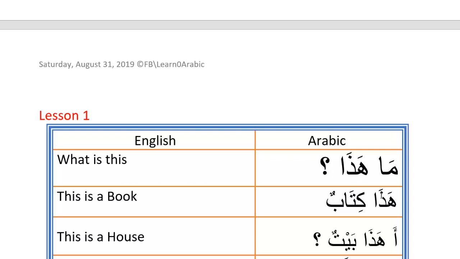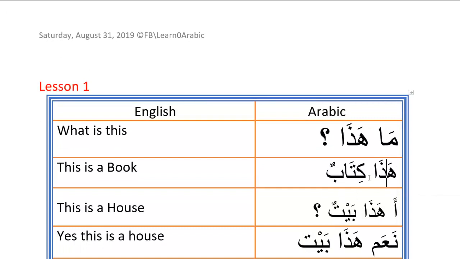Very simple. The next one is the answer for the first. We don't need an answer, but just in case. ما هذا, just an example. Someone asking me ما هذا, which means what is this.